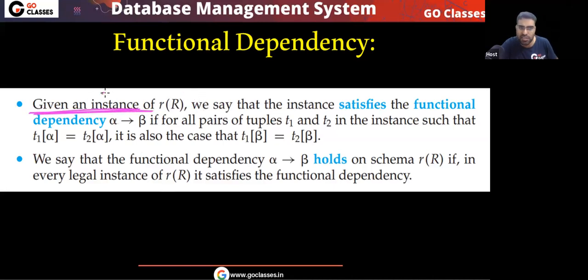But if you want to say that a functional dependency holds on the schema, that means every legal instance should satisfy that functional dependency.